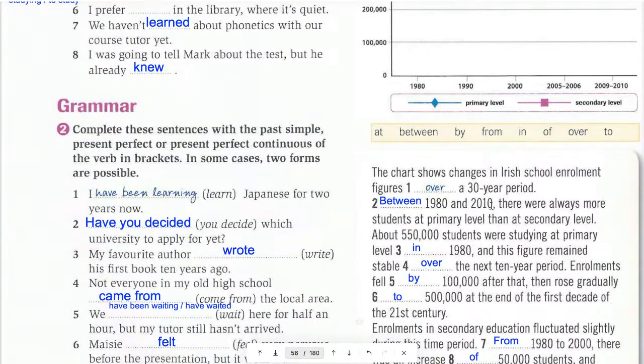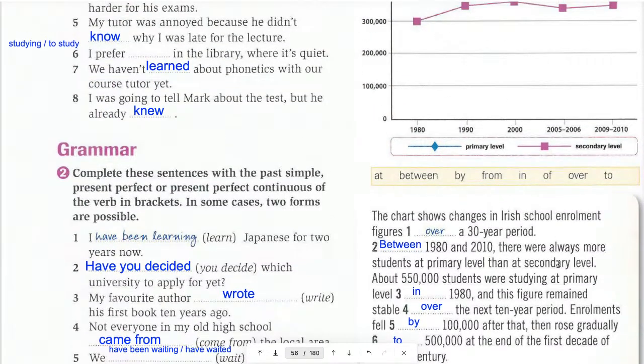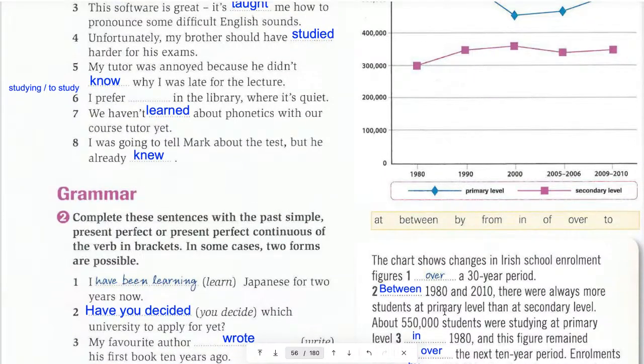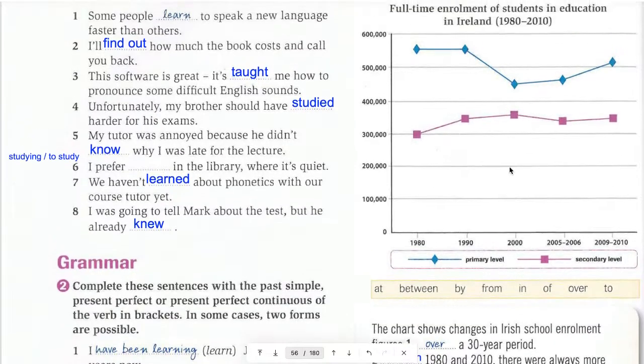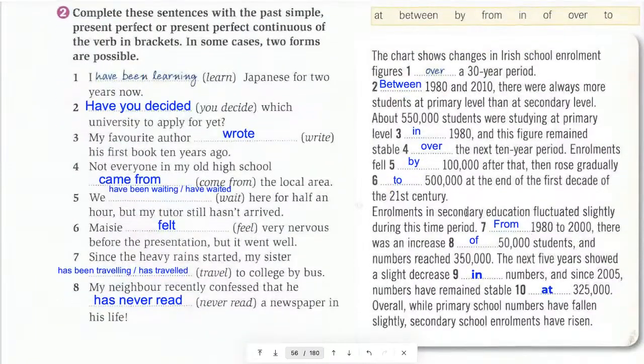Like I said last time, the first line here, between 1980 and 2010, there were always more students at primary level than at secondary level, right? So that is the overall or the trend of the first one, yeah? So primary level is here and secondary level is there. So that is one thing. And also they have another one, enrollments. Another overview here they have, that is, enrollments in secondary education fluctuated slightly during this time period.